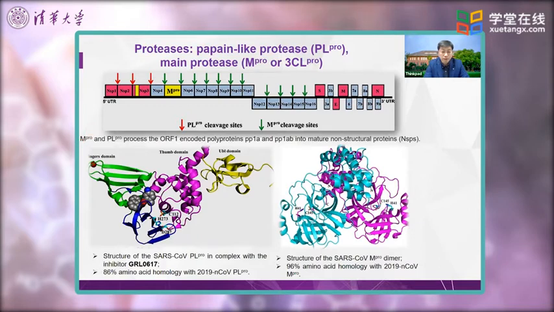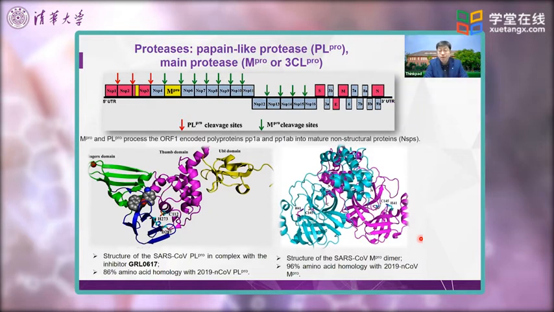The left side is the structure of the SARS-CoV PL-PRO in complex with an inhibitor, GLR0617. It shares 86% amino acid homology with the novel coronavirus. On the right part shows the dimer structure of SARS coronavirus M protease.